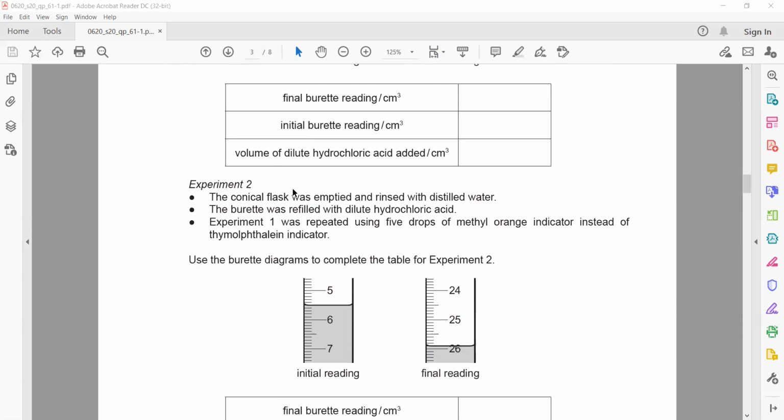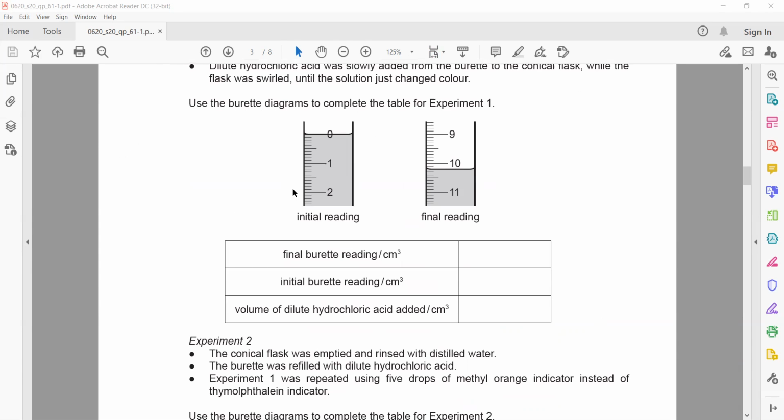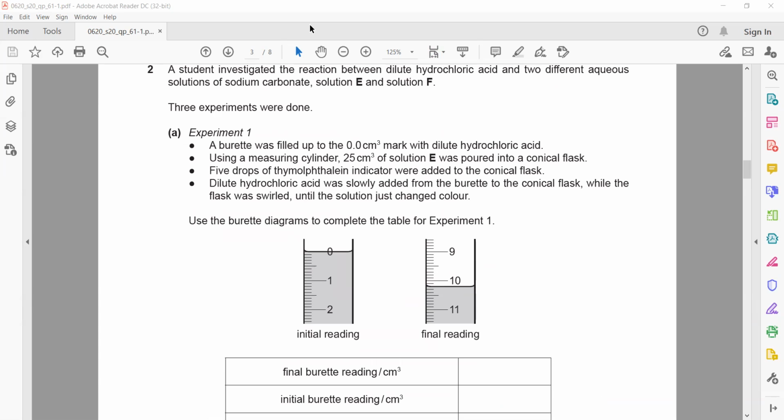So basically what happened in the first experiment: we added 25 cm³ of solution E and we added HCl from a burette, and we found that it required 10.2 cm³ of HCl for a complete reaction.